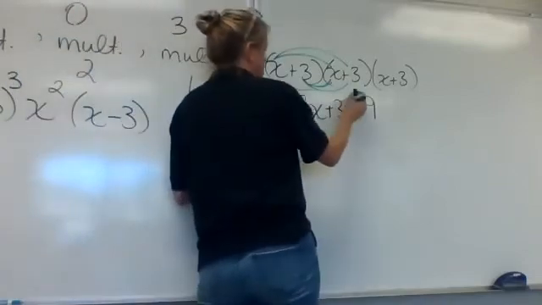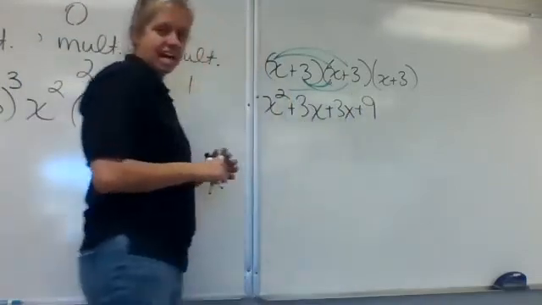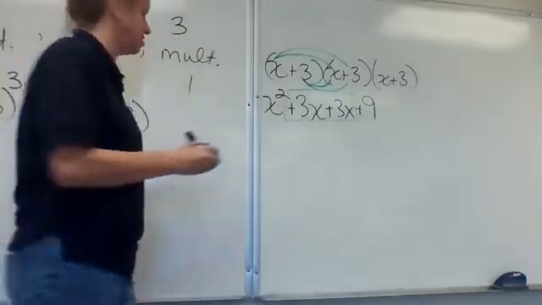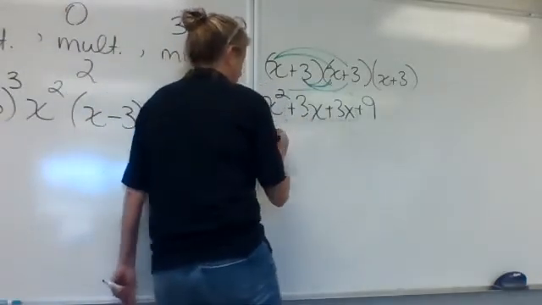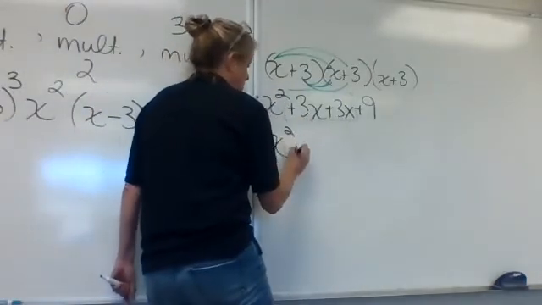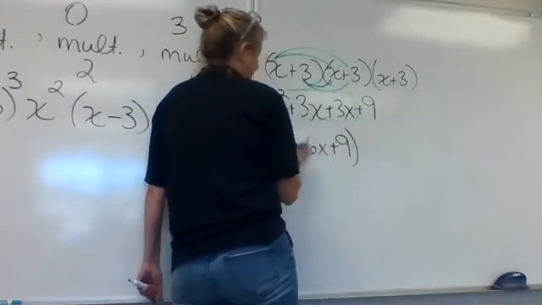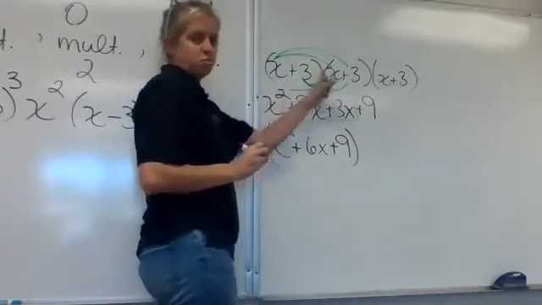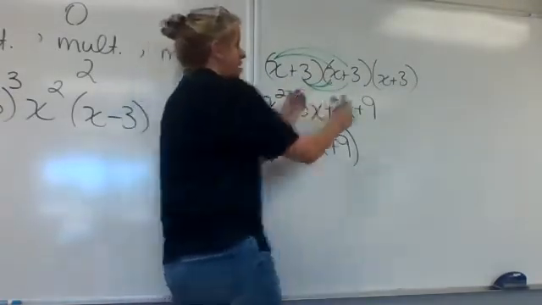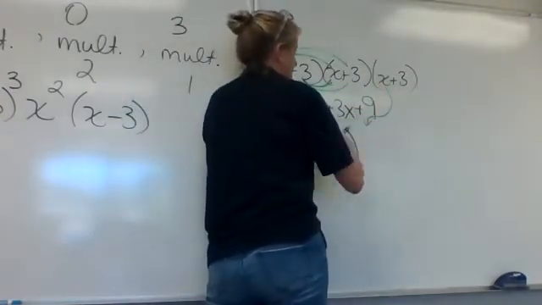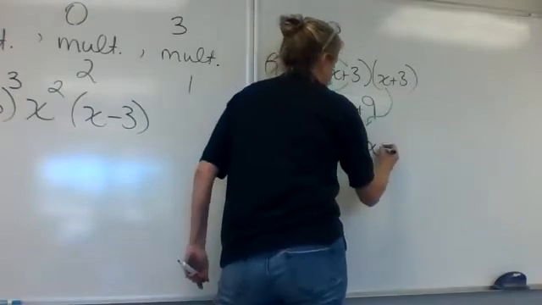So when I put my x's together in the middle, I really have 6x, right? I've got 3x and 3x. So that gives me 6 x's in the middle here. So now I've got x squared plus 6x plus 9, which came from multiplying these two. Now I have to drop down this last one, x plus 3 again.